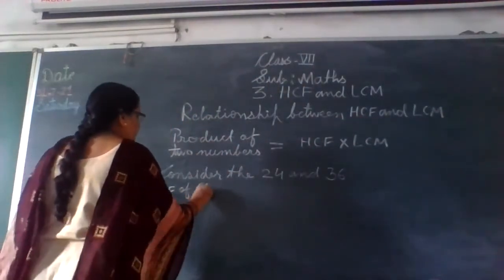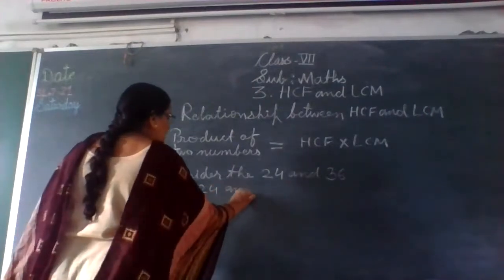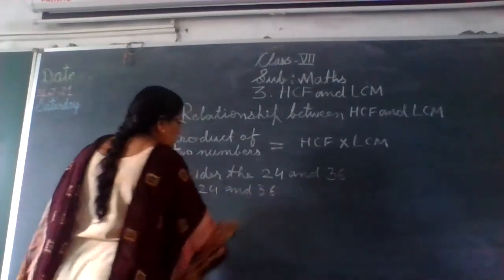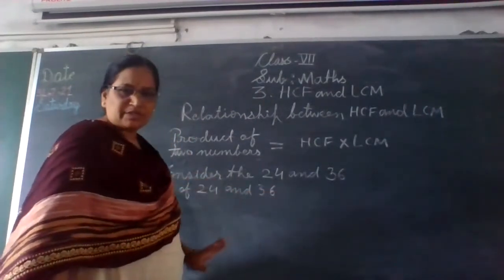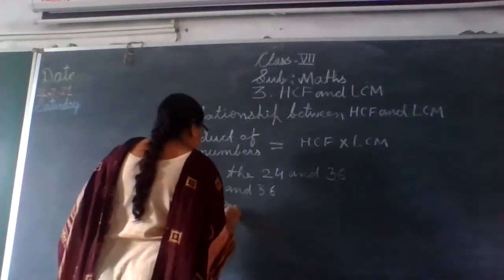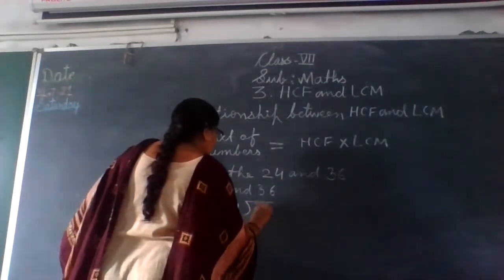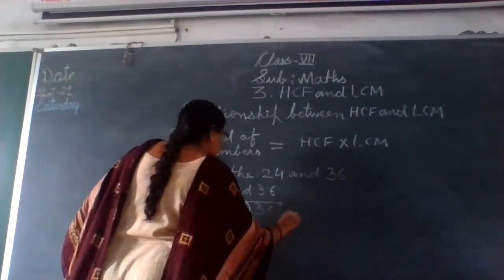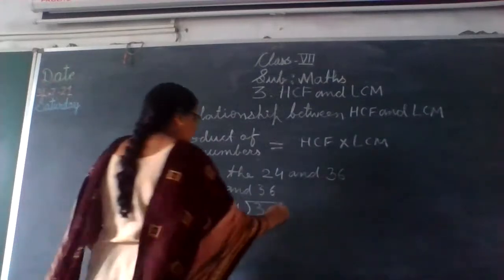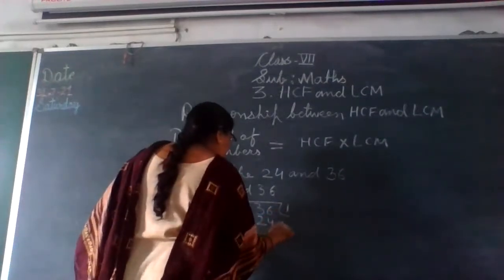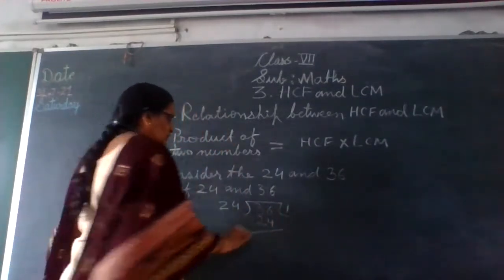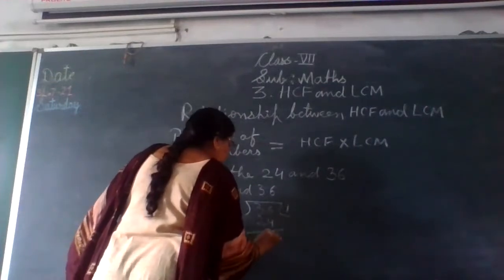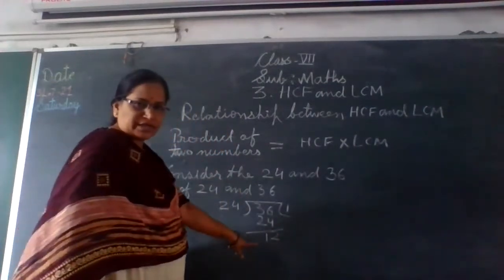HCF of 24 and 36. So here we will apply the long division method. Twenty-four ones are 24. 36 minus 24, 12. Now it is the remainder.